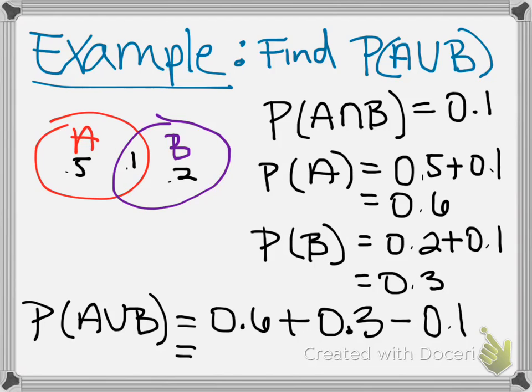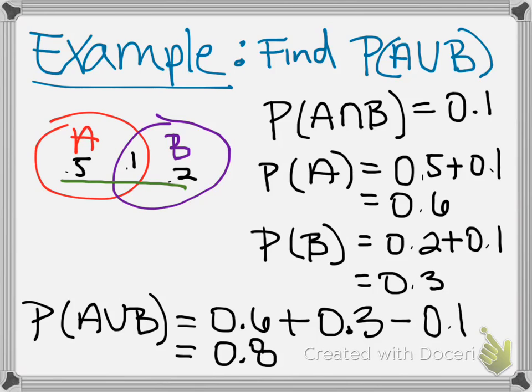And so if we add all those together, we get a probability of 0.8. And that, again, is the probability that event A or event B occurs. Now, if you look back up at our Venn diagram, you might be thinking, well, duh, that's pretty obvious. Because if you add these three values together, 0.5 plus 0.1 plus 0.2 gives you 0.8.